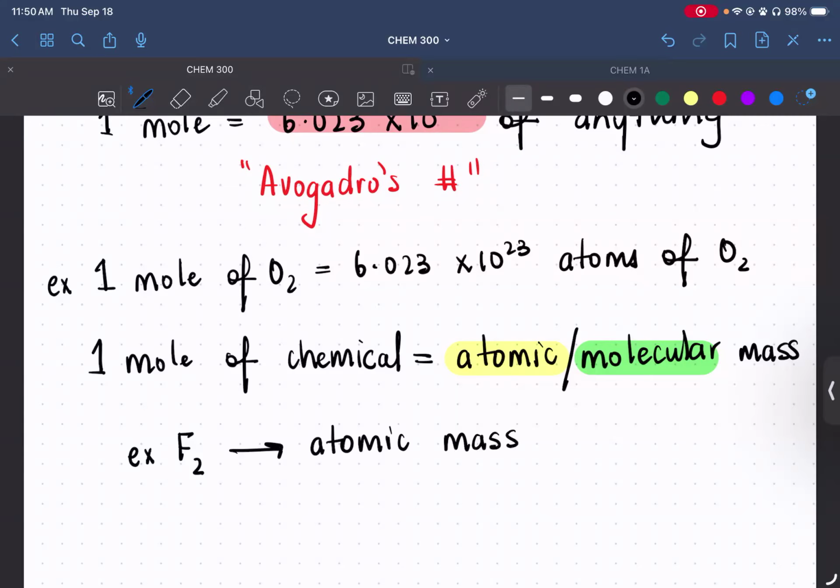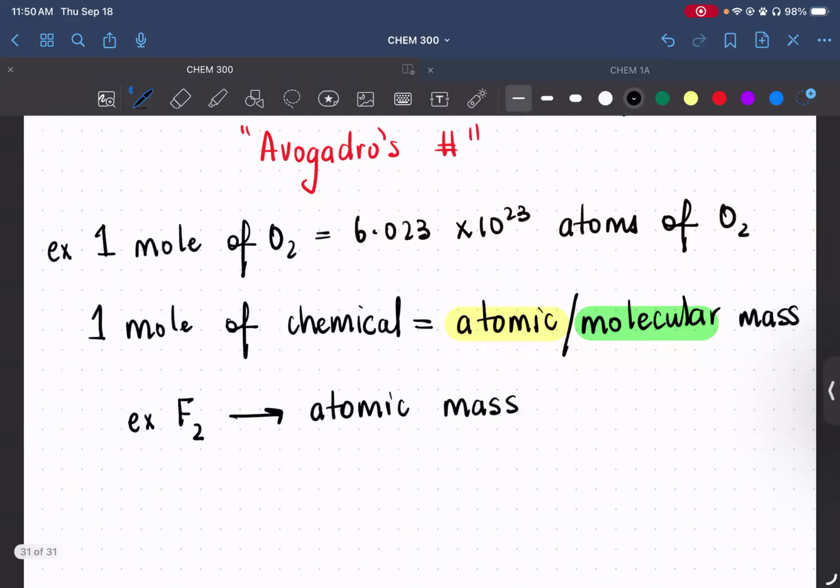It's just one element, so it's all one atom, so we say atomic. Compared to something like H2O, water, water is a combination of different atoms. We use the term molecular to describe it.